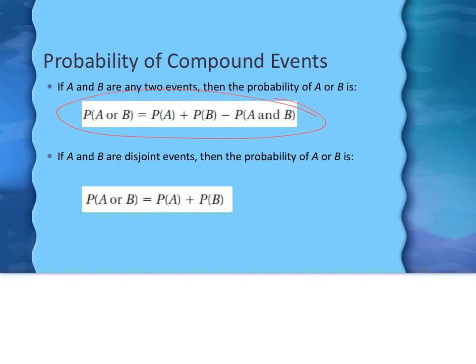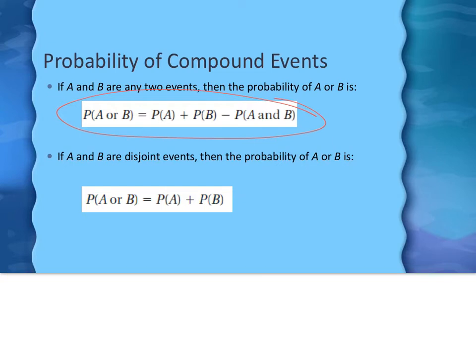So if it was the first example with the rolling of the die and it was odd or less than 4, then I would find the probability that it's odd. So if I roll a die, what's the probability I'm going to roll an odd number? How many odd numbers are on it? 3 out of 6, right? Or 1/2.